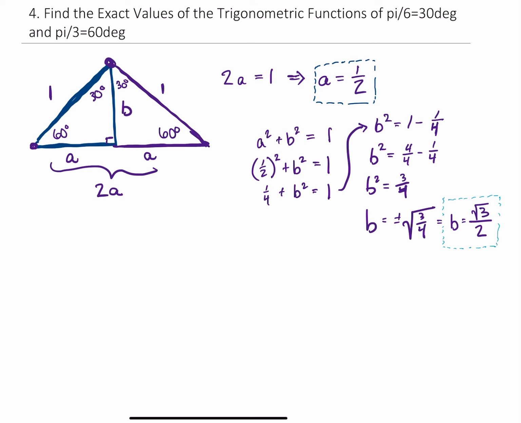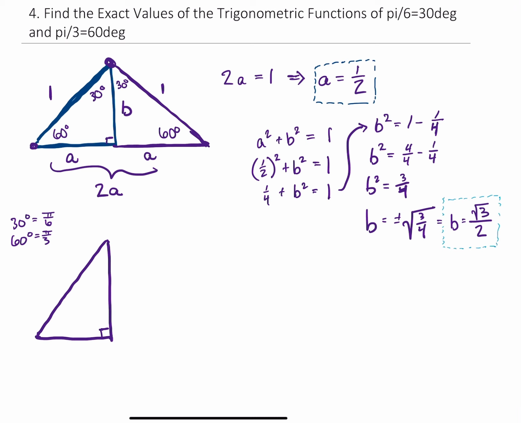So let's build a new triangle just to show these side lengths. So again, we're in the unit circle, just showing the triangle. This is 60 degrees. Remember, 30 degrees was pi over 6, and 60 degrees was pi over 3. And you can run those conversions again if you need to.